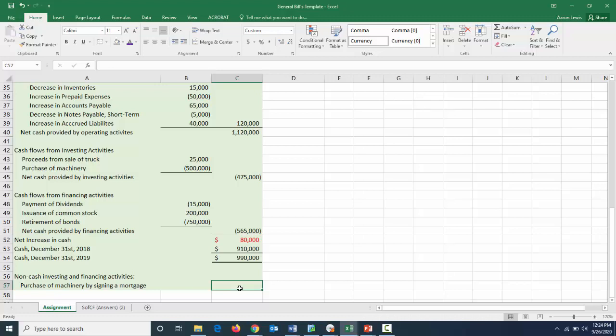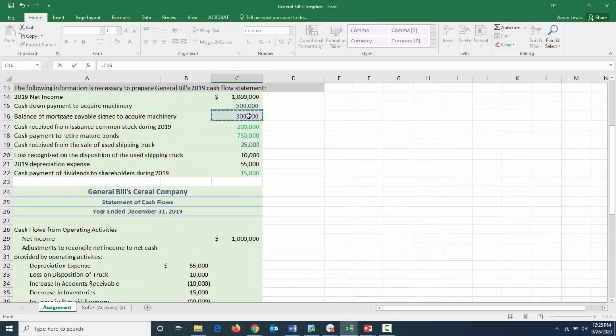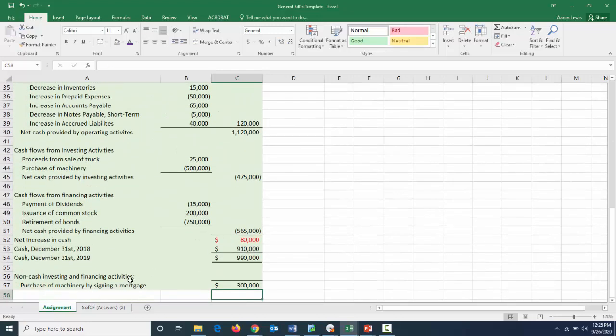What happened to the other stuff? Where's this $300,000 at? It's right here. We're going to put it in non-cash investing and financing activities and disclose to users of our financial information that we had a non-cash activity, which was the purchase of machinery by signing a mortgage, which explains why our equipment account is increasing at a rate greater than the amount that we paid to purchase the machinery up here.